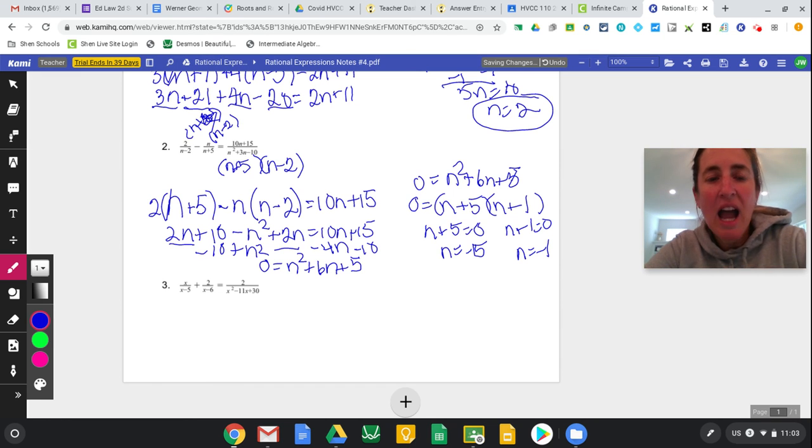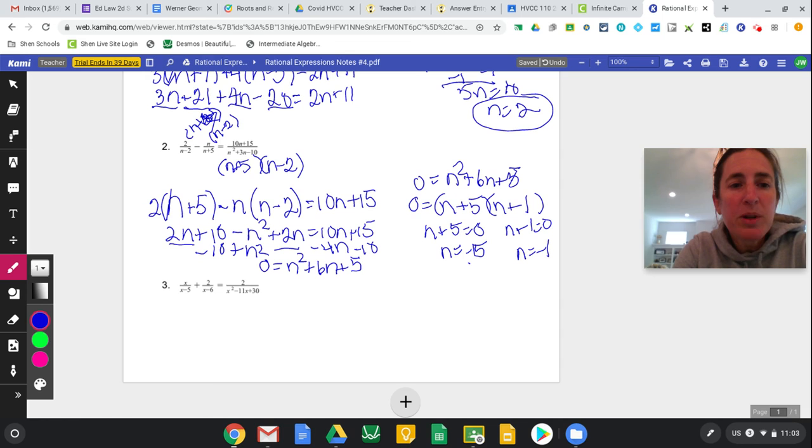Okay, now I really need to look at the denominators. Let's look at that -5 first. So if I take -5 and do -5 minus 2, that works. That does not give me a 0. But look at, if I put that in that denominator of n plus 5, what's -5 plus 5? That becomes 0.